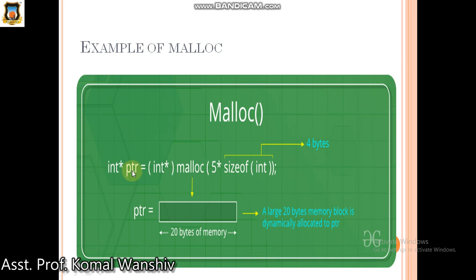So we can say that ptr points to this memory location. Here you need to write int star because malloc returns a void pointer, and you have to convert it into the respective data type.